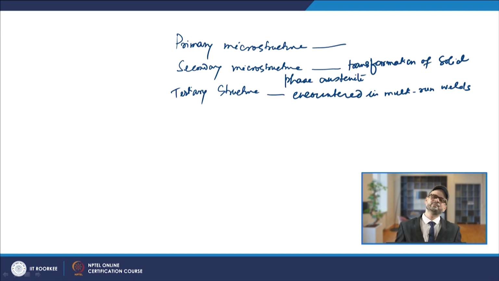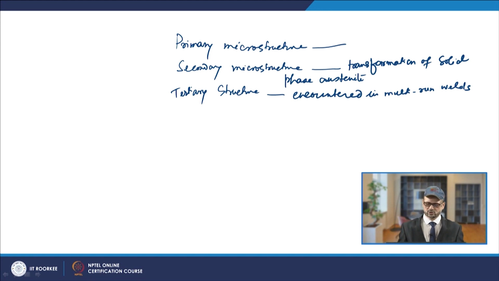Because of that, the previous run of the weld is further heated to the austenitic zone, and then products of different fineness will be formed, and that will be affecting the properties of the material. That is because of the normalizing effects, because the product which was there is further subjected to some treatment. So, that way you have different types of structures of different fineness and different properties.